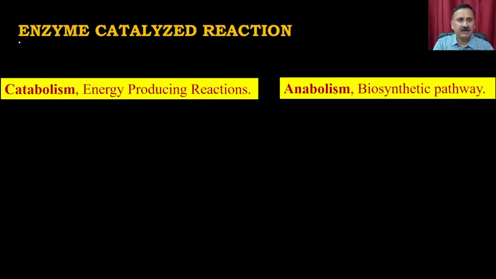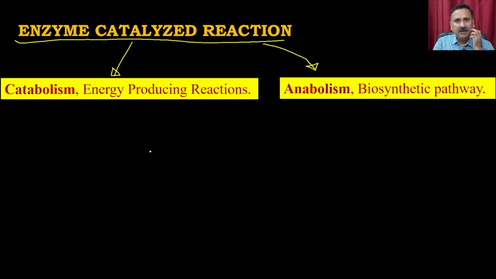With this, we have understood that enzymes interact with the substrate and catalyze different types of reactions. If you recall, we discussed the different types of enzyme-catalyzed reactions, the catabolic reactions and the anabolic reactions.